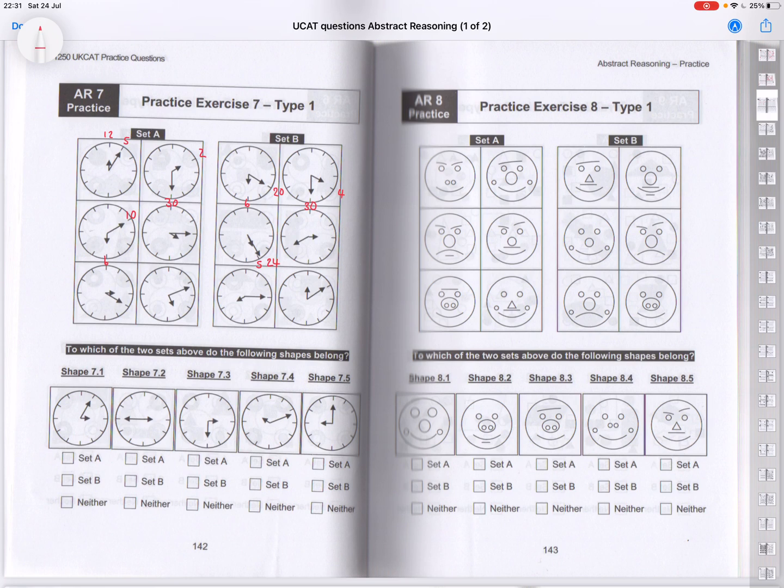So if I multiply those numbers together, 12 times 5, 2 times 30, 6 times 10, that's enough. 6 times 20, that's going to be double, isn't it? So 4 times 30, and 5 times 24.